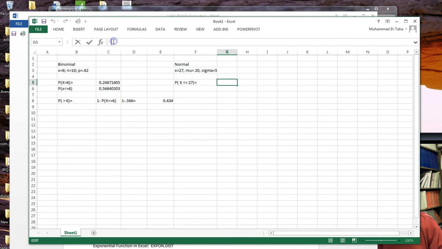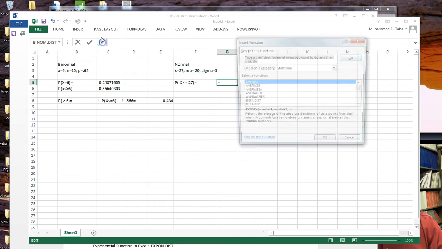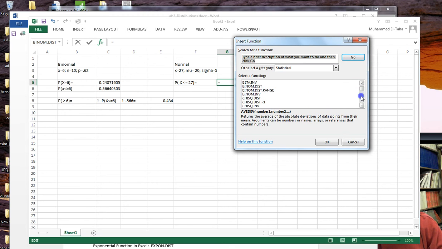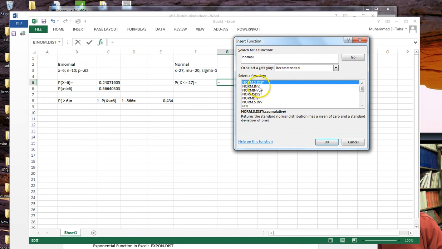And so I want to put the answer here, and again I go here, click equal, click fx, and I want the normal distribution, so I'm looking for the letter N. You can type what you want here so that takes you quicker there, so I want normal, and that should take me to normal. So I want the normal distribution, and you notice here I have normal, that's the standard normal, that's the inverse, and that's the normal distribution.